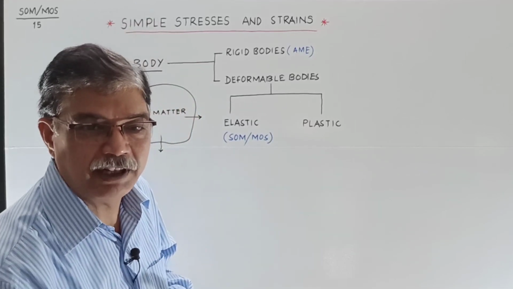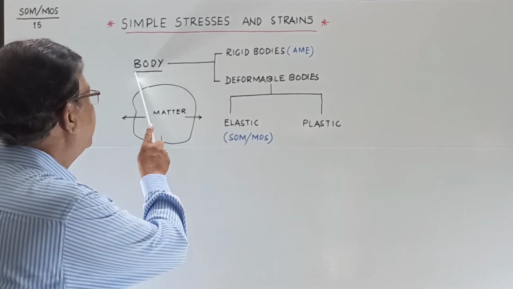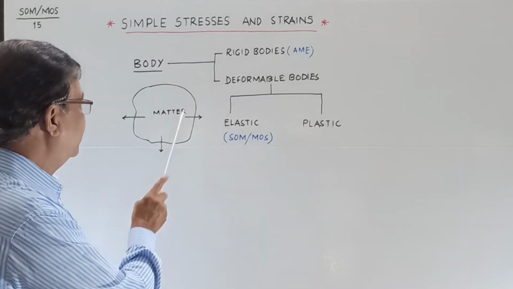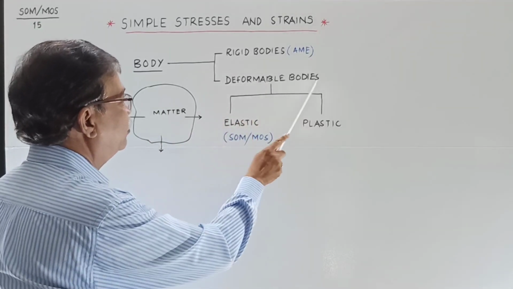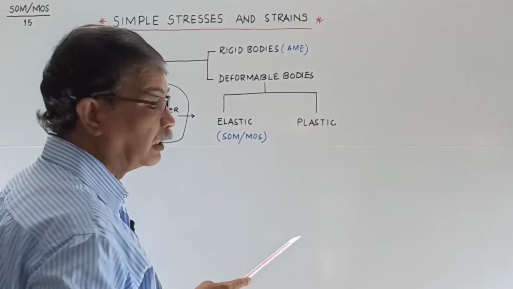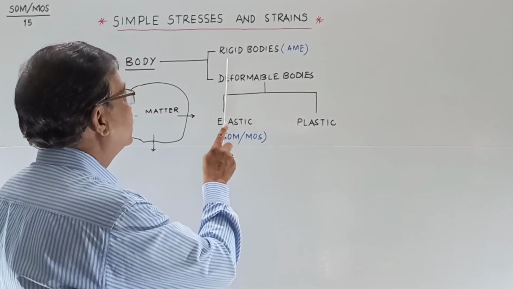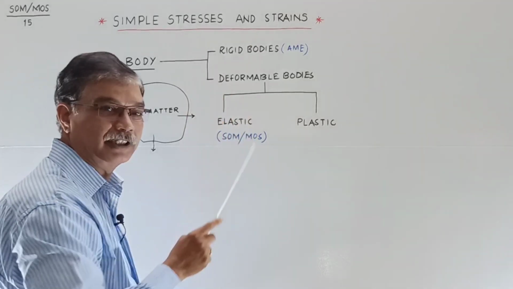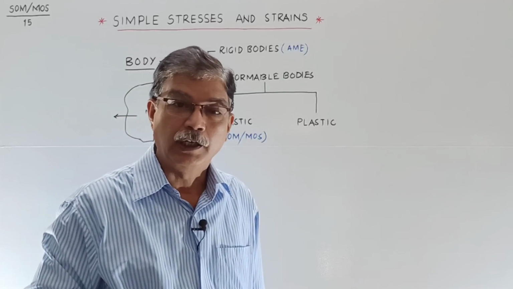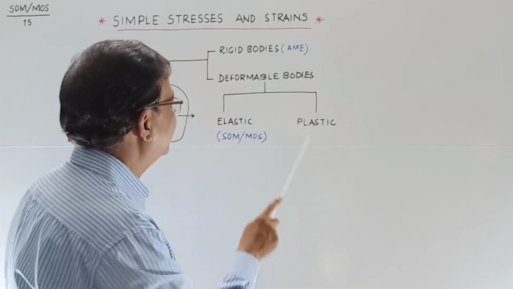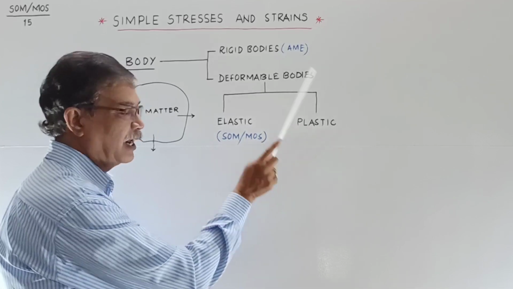Therefore, again I will repeat it. You can write down the definitions from the book. Body is a matter which is limited in all directions. Body is of two types: rigid bodies and deformable bodies. The bodies which do not change their shape and size due to loading are known as rigid bodies, and the bodies which change their shape and size due to loading are known as deformable bodies. They are of two types: elastic and plastic.